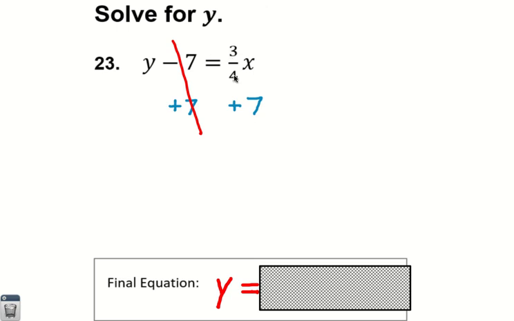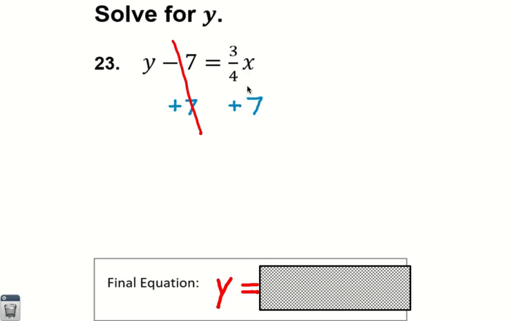What does the right side become? Can we do 3/4 x plus 7? Did those mix together as like terms? No, they do not. So these two terms are going to remain separate because you're not going to mix them together. They're not like terms.